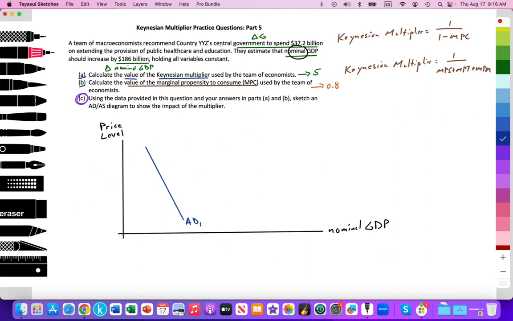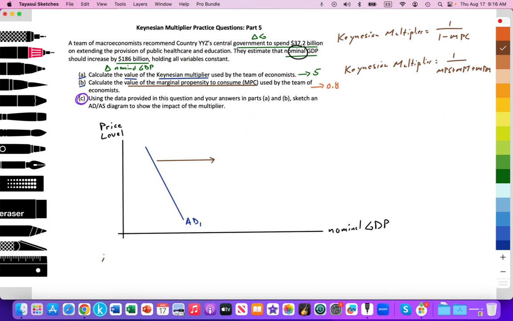And it says in this question that the central government is going to be recommended to increase government spending by $37.2 billion on expanding the provision of public health care and education. So that's going to cause the AD curve to shift out, from AD1 to AD2.